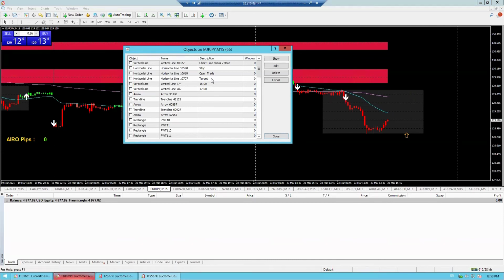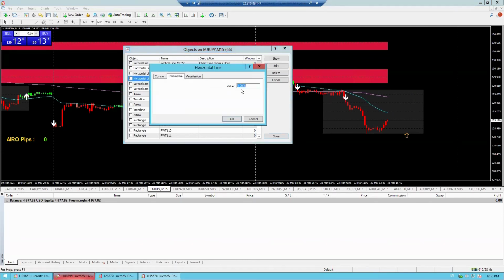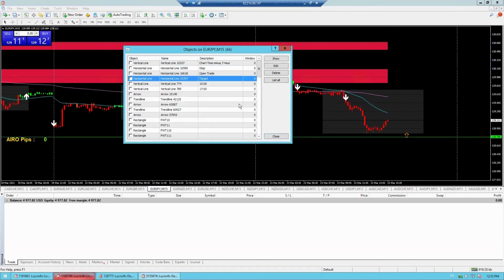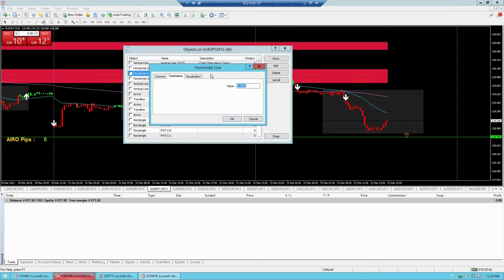Let's see, so we take a target of, well, let's say 128.78, call it 128.98.